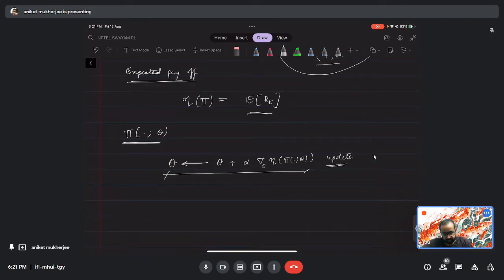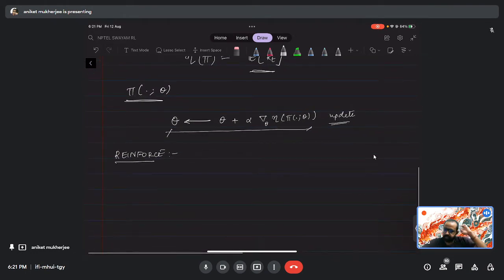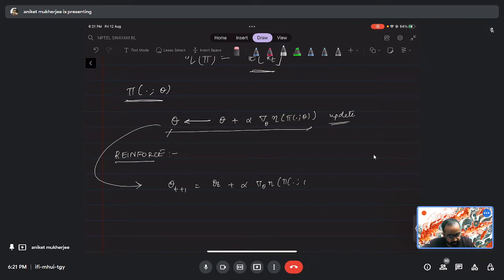Then sir mentioned REINFORCE. In REINFORCE, what this boils down to is theta t plus 1 is equal to theta t plus alpha times the gradient with respect to theta.